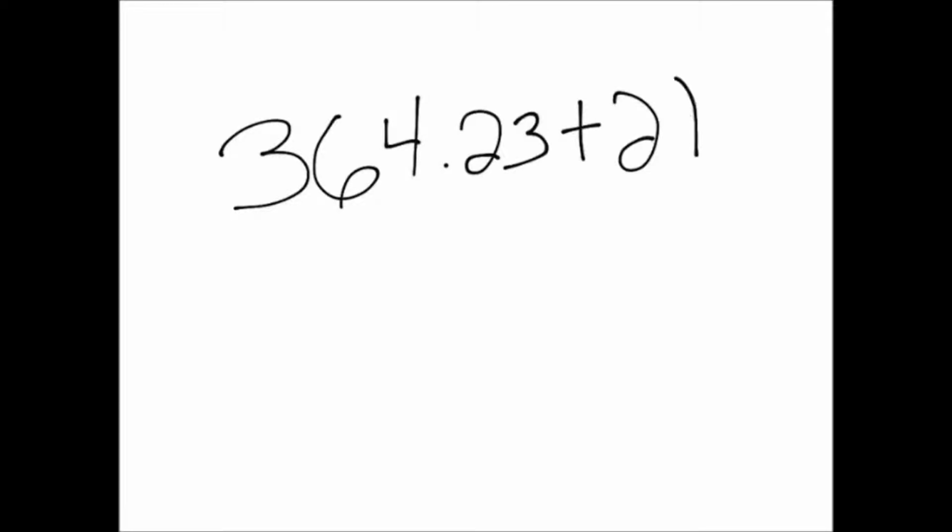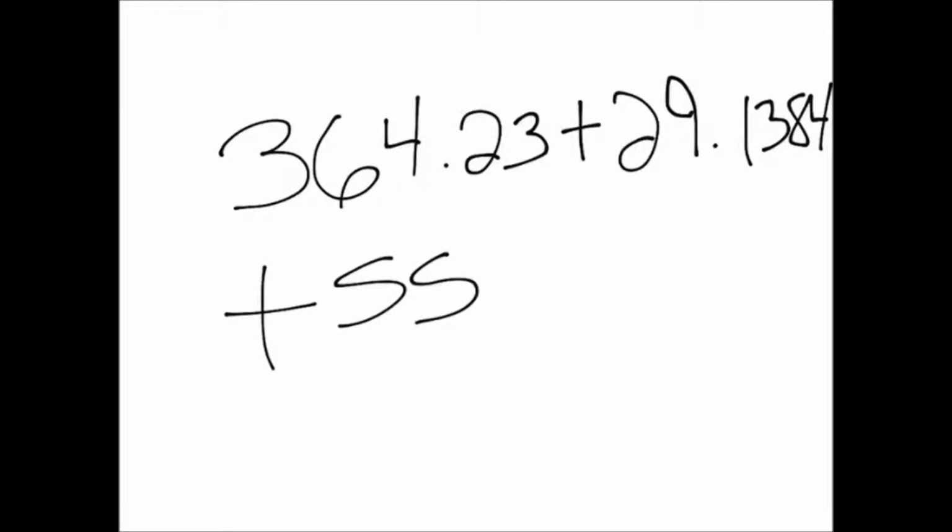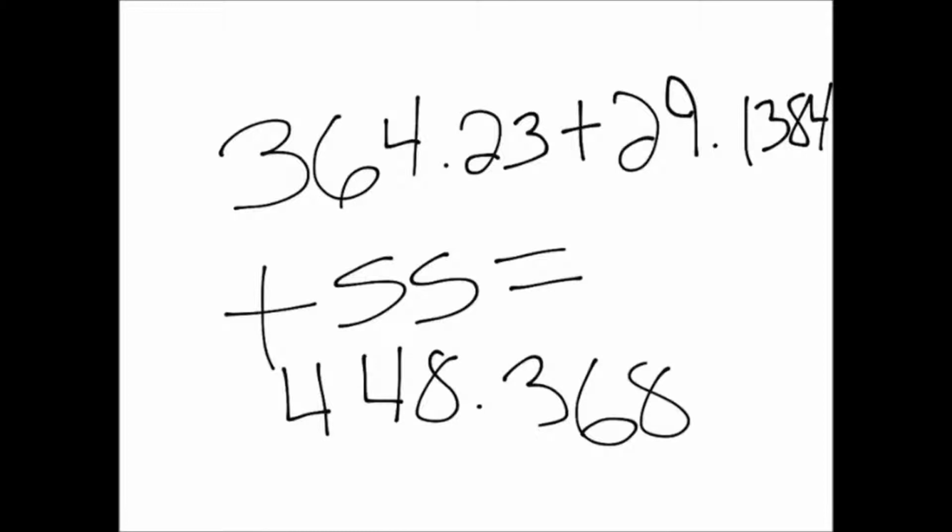Okay, now let's put that all in one equation. So 364.23 plus 29.1384 plus 55, and that would equal 448.364.